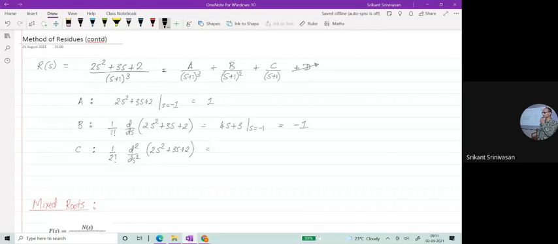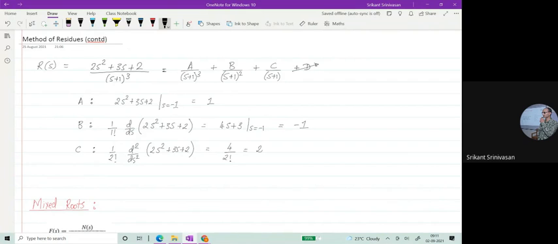Okay, and that is going to be equal to what? So finally this should be your answer, A, B and C. Okay, so this is the factorization of multiple roots.